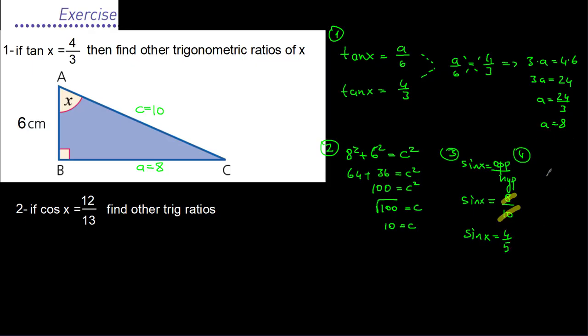Okay, the next one should be cosine, because it says find all the trigonometric ratios. Cosine x is equal to adjacent over hypotenuse, which is 6 divided by 10, and when we simplify by 2, cosine of x is equal to 3 over 5. So we found all the trigonometric ratios. The next question we are going to solve in the class.